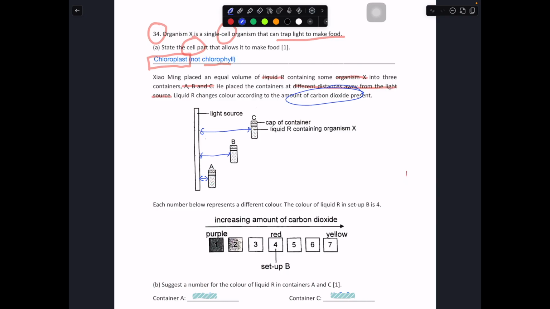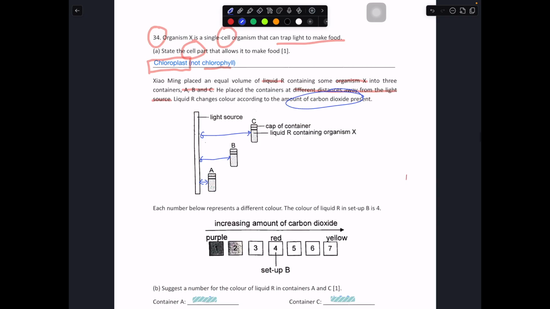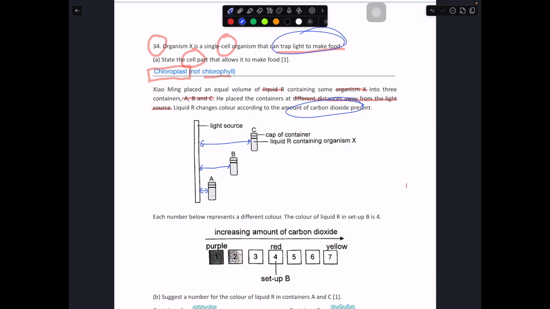And you know that X can carry out photosynthesis because they already tell you that they trap light to make food. So with light it can do photosynthesis. If they can do photosynthesis, it means they will have to take in carbon dioxide.